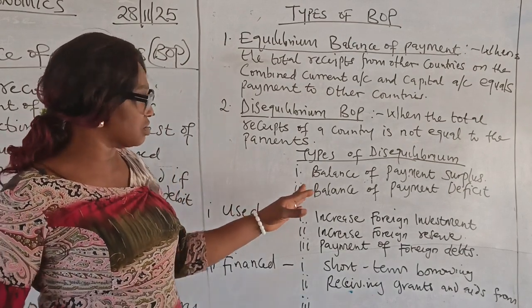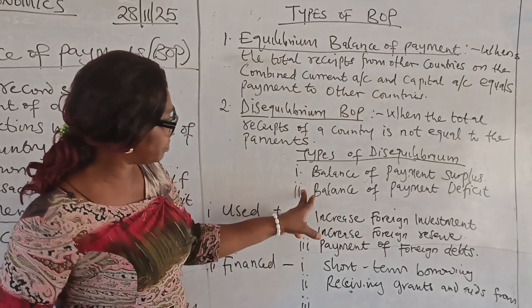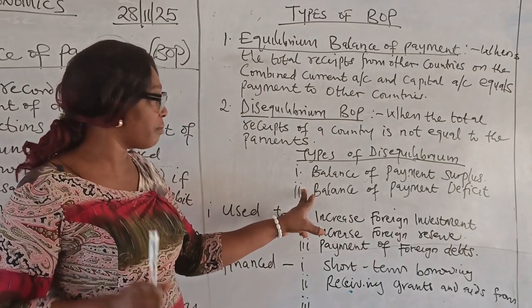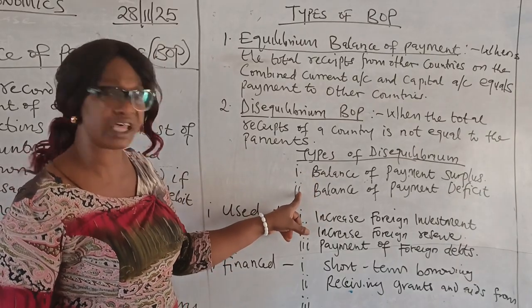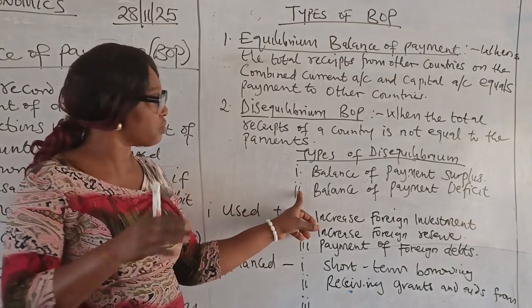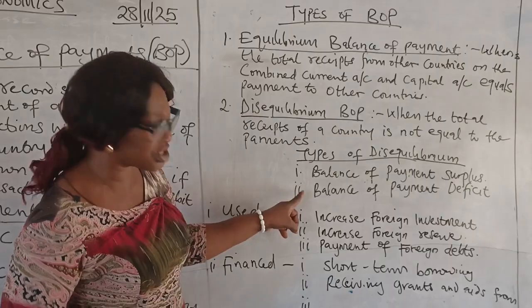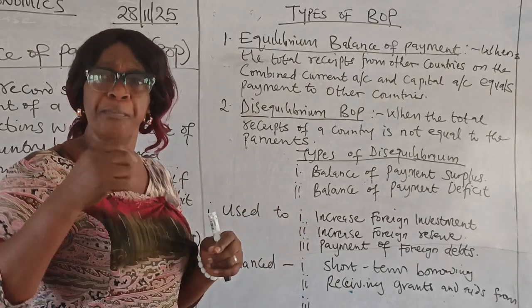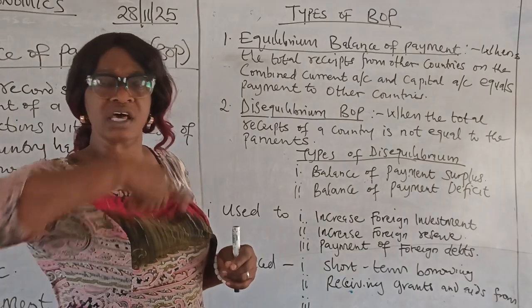Okay, let's go back to types of balance of payment disequilibrium. We've talked about number 1, which is surplus. Let's go to number 2, which is deficit. Of course, we know what is deficit. Deficit is telling us about when a country keeps on importing from other countries of the world without exporting.